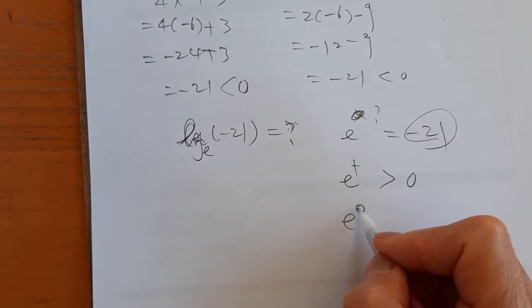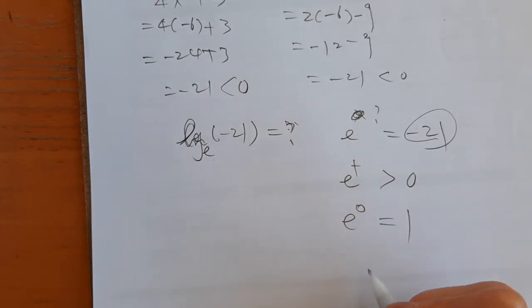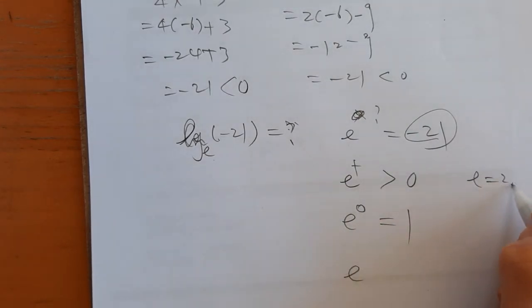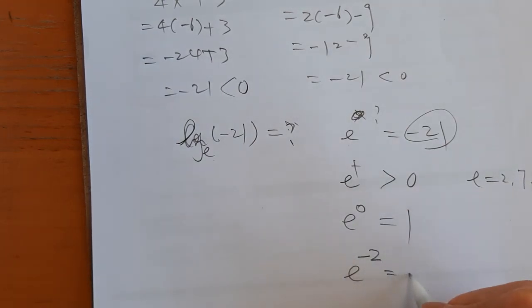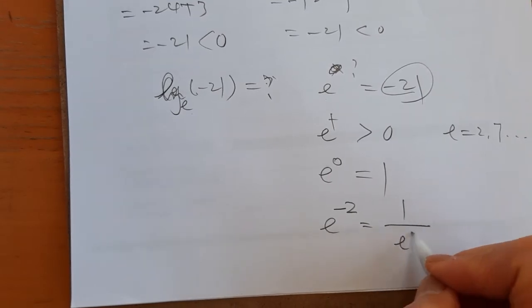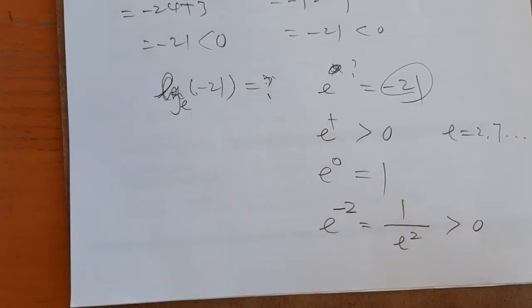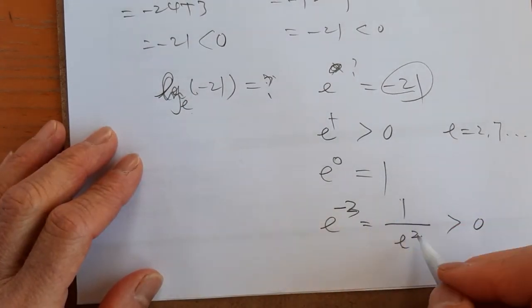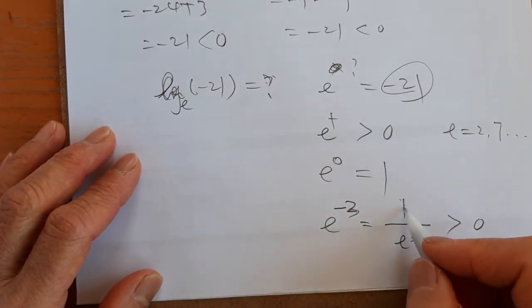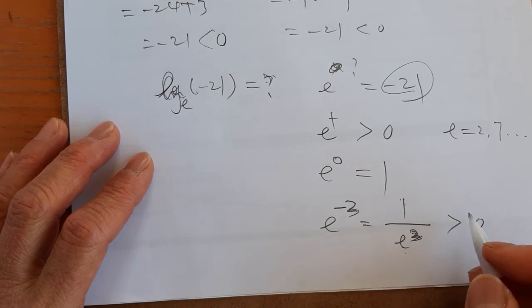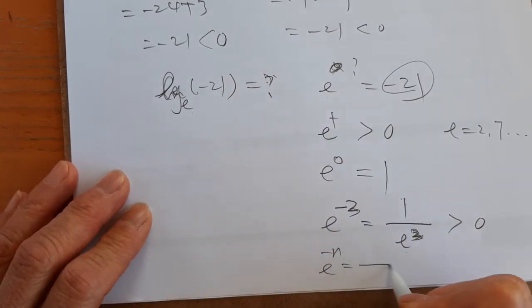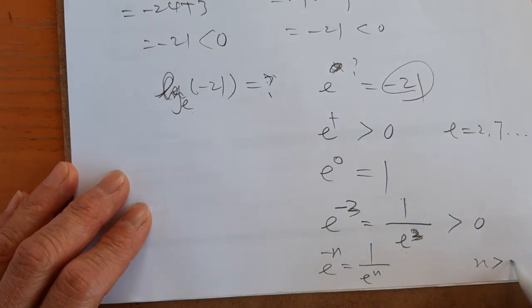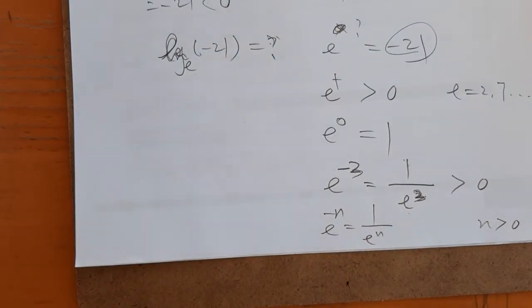If e to the power is negative, for example negative 2, you bring it down to the denominator and it becomes 1 over e squared. Negative 3 becomes 1 over e to the power 3. If e to the power negative n becomes 1 over e to the power n, then it is positive.